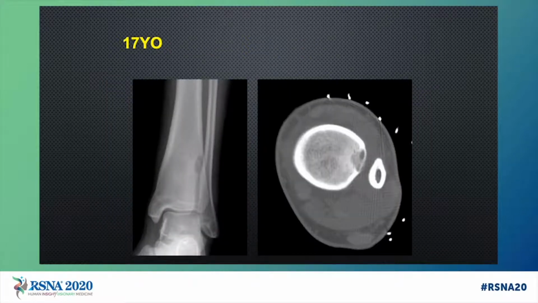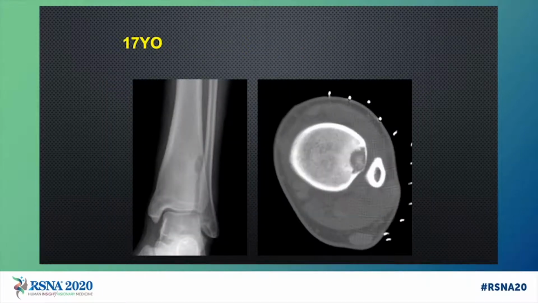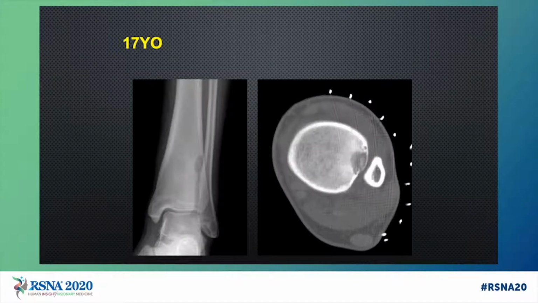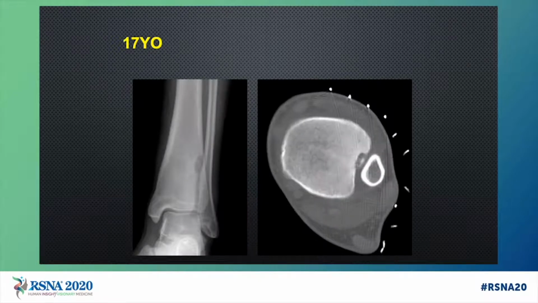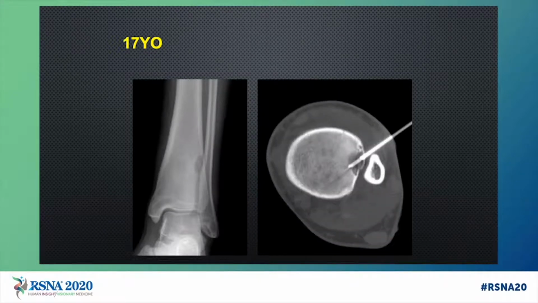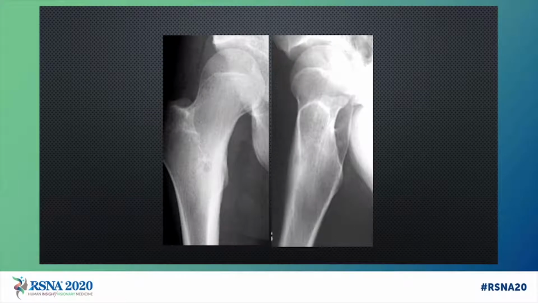Another case in a 17-year-old with ankle pain, with a lesion at the distal tibia with irritative margins, with sclerosis fading out. This was an osteoblastoma. In this case in a different patient, there is a small lucency at the proximal femur in keeping with a nidus, and there's diffuse sclerosis adjacent to it fading out, irritative margins.